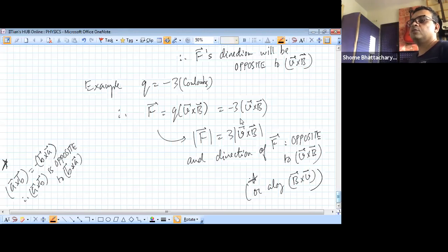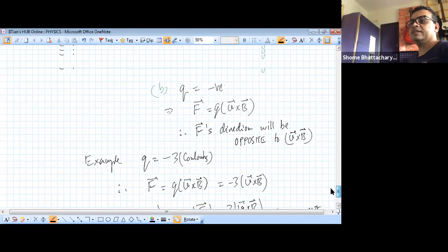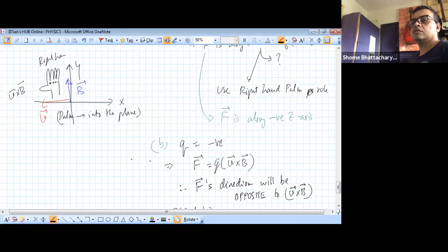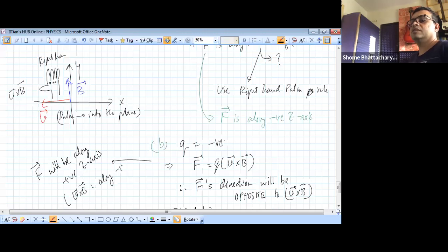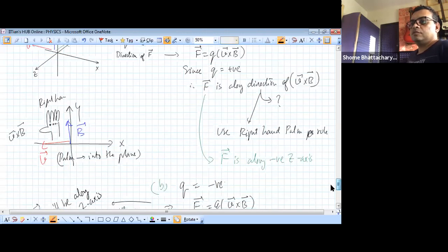Anyway, back to your diagram. In this case, if the charge is negative, the force will be along the positive z axis, because V cross B is along the negative z axis. Like this.